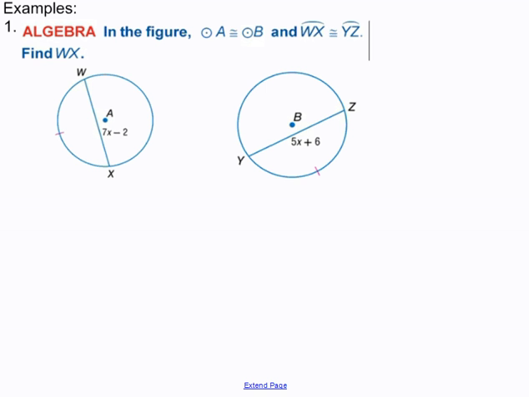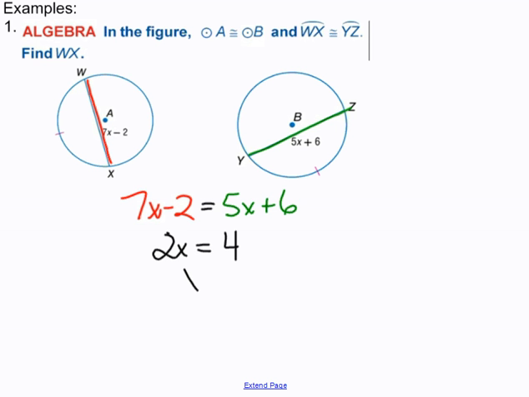So when we have those two measurements, we're going to set those equal. It's going to be 7x minus 2 equals 5x plus 6. So when we do the math, we end up with 2x equals 4, so x equals 2.